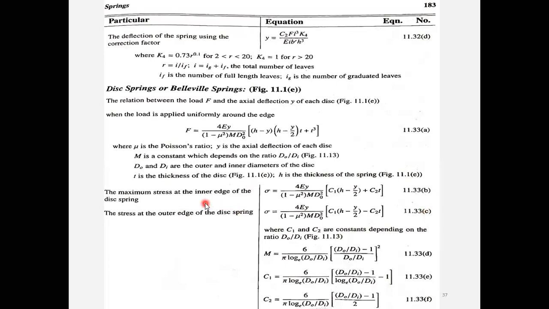If he asks you to calculate the stresses at the inner edge of the disc spring, you have to use equation 11.33b. If you want to calculate the stresses at the outer edge of the disc spring, you have to use 11.33c. Therefore, from the data handbook page number 183, I'll be using equation 11.33c.